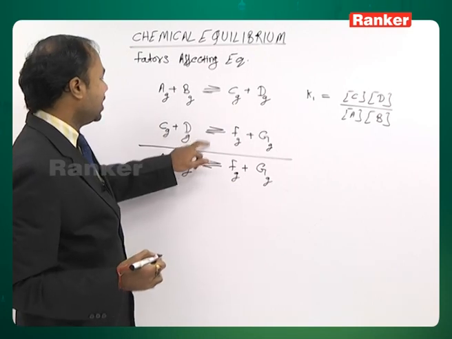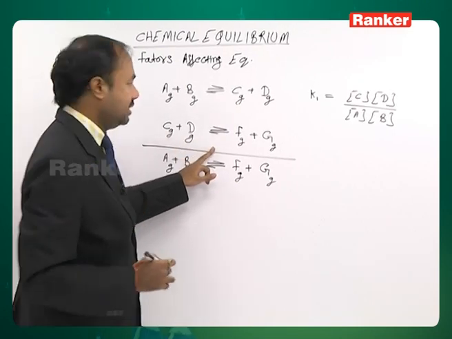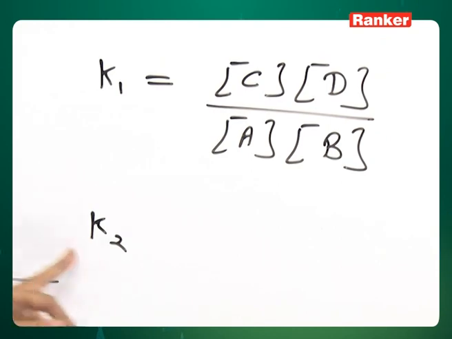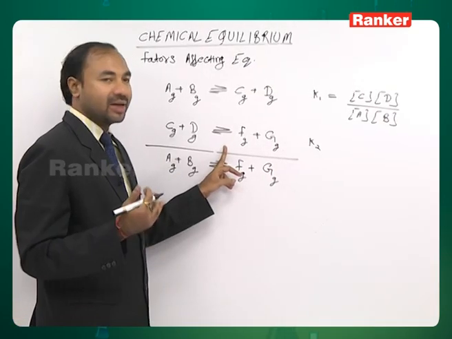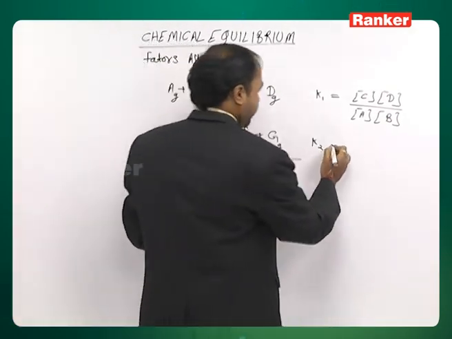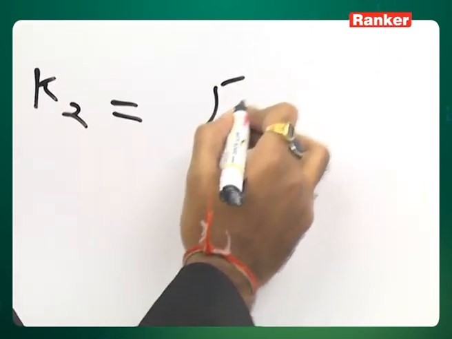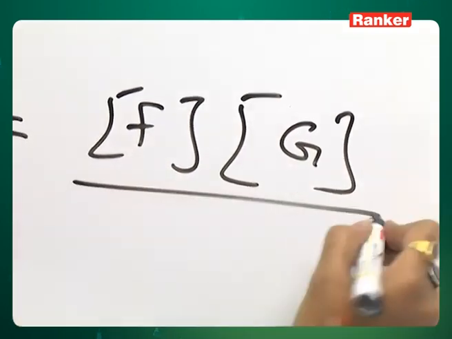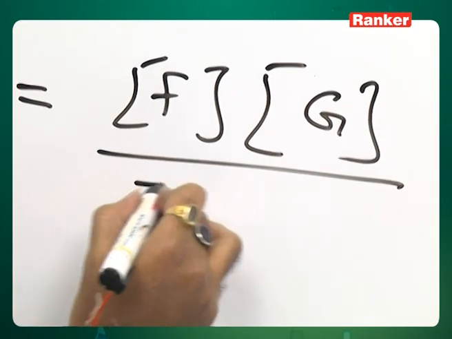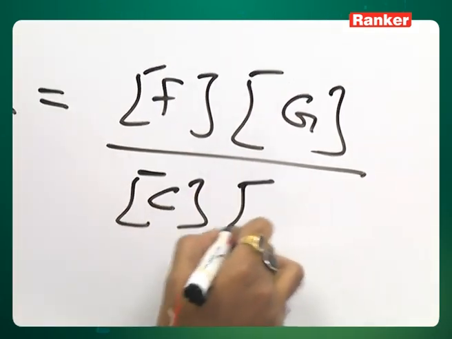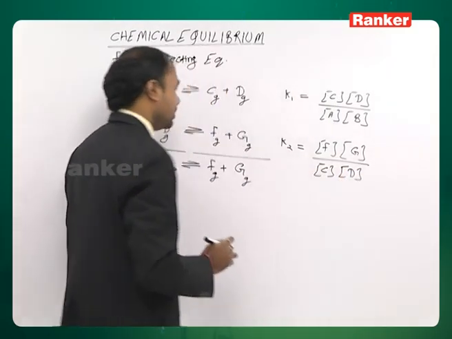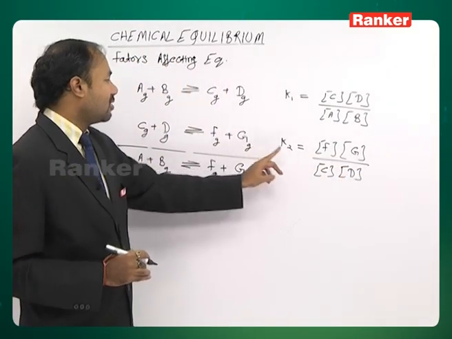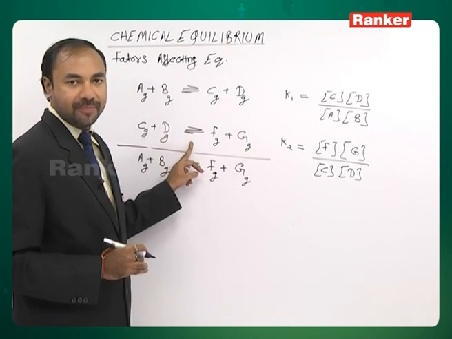K2, the equilibrium constant for the second equilibrium, we can write as equal to concentration of F into G upon concentration of C into concentration of D. This will be the equilibrium expression for the second equilibrium.